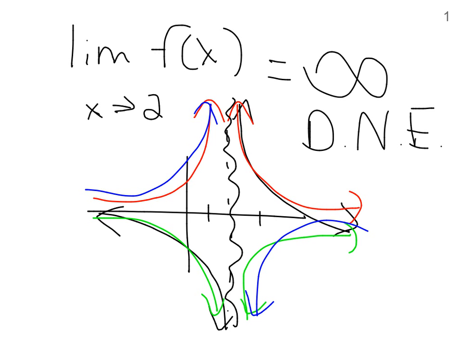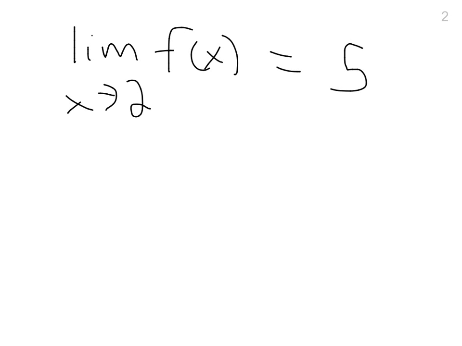Now, what if we said that the limit as x approached 2 of f of x was 5, but that f of 2 does not equal 5?